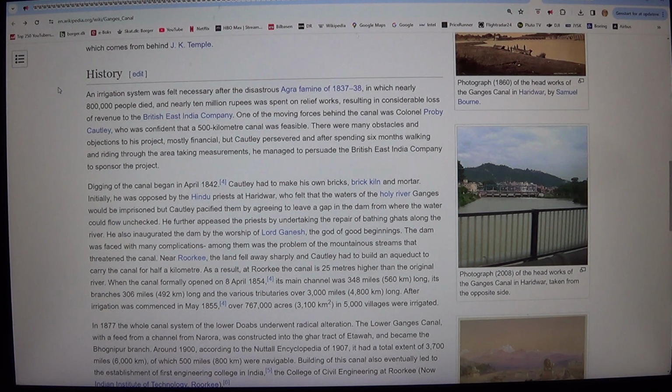One of the moving forces behind the canal was Colonel Proby Cautley, who was confident that a 500-kilometer canal was feasible. There were many obstacles and objections to his project, mostly financial, but Cautley persevered and after spending 6 months walking and riding through the area taking measurements, he managed to persuade the British East India Company to sponsor the project.